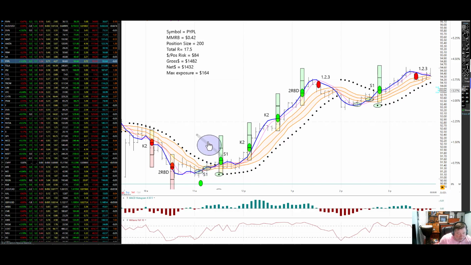When it crosses that, that's our second indicator. That also happens to be where we got out of the other trade. So we get out of that trade there.